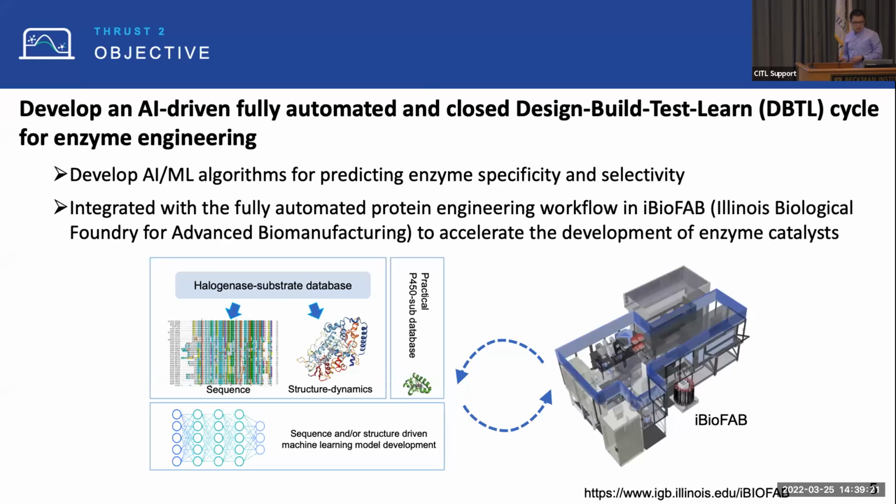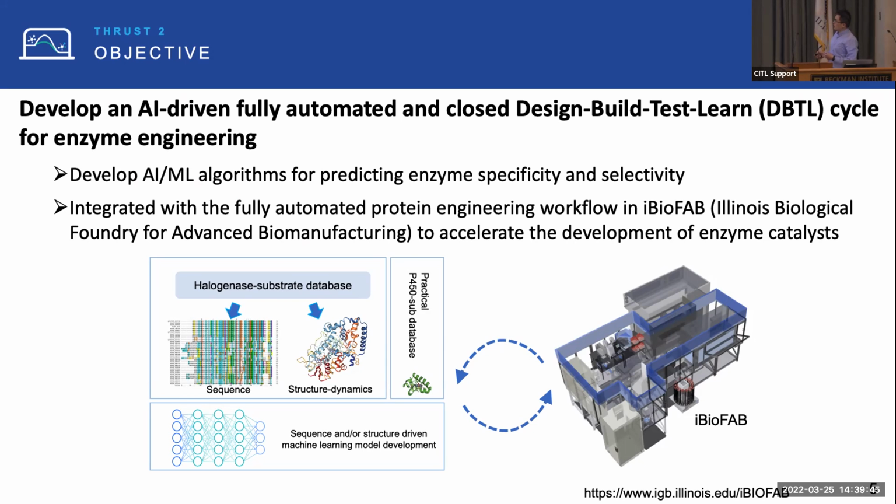In this project, our objective is to develop an AI-driven, fully automated and closed DBTL cycle for enzyme engineering. Of course, here the case we use as a study model is the halogenases. And we want to figure out the scientific question about enzyme specificity and selectivity.